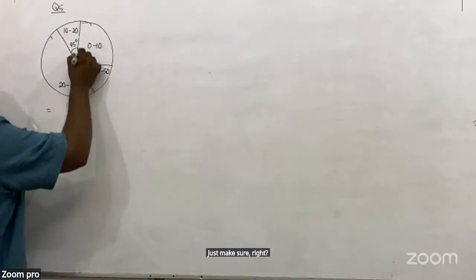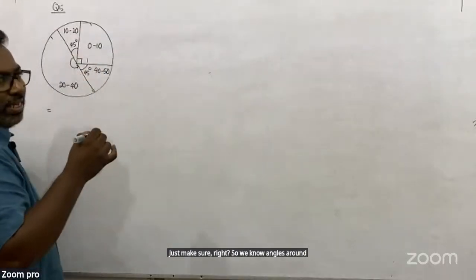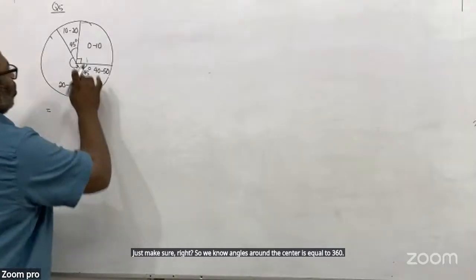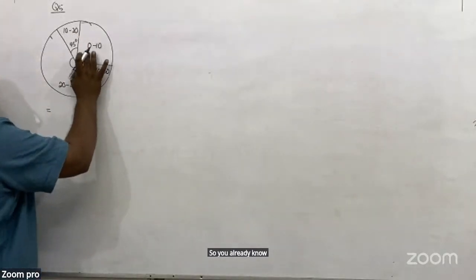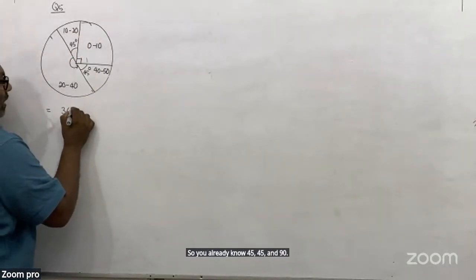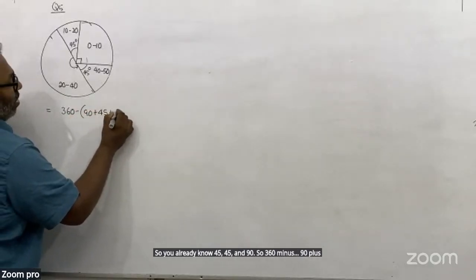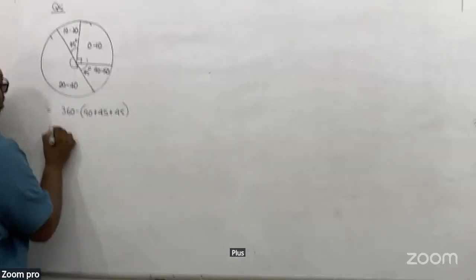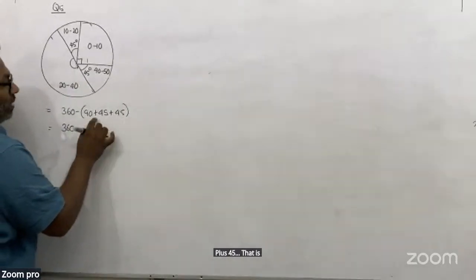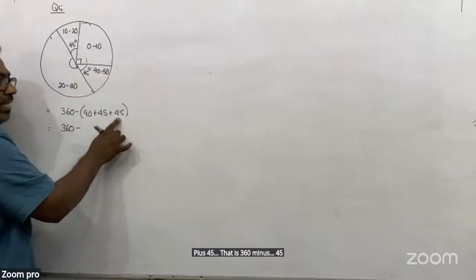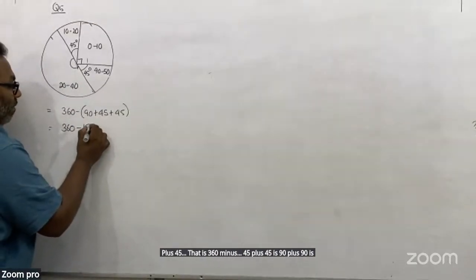So we know angles around the center is equal to 360. So you already know 45, 45 and 90. So 360 minus 90 plus 45 plus 45. That is 360 minus 45 plus 45 is 90 plus 90 is 180.